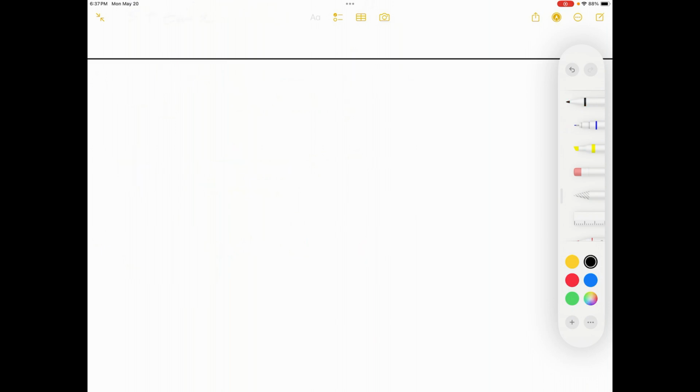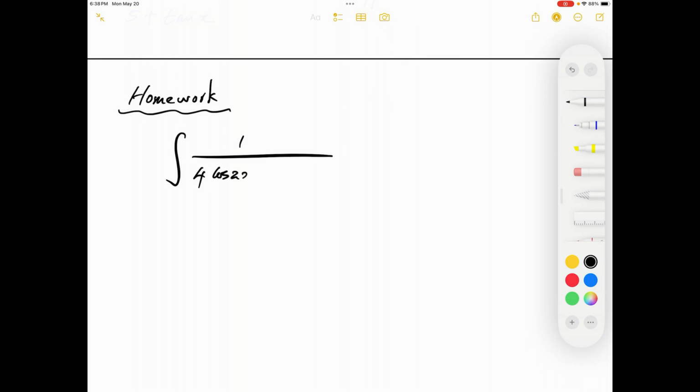Alright, now if you would like to practice this method and evaluate an integral, I would like to give you a homework question. The homework question that I gave you last time, for you to obtain the answer using the substitution u equals tangent x, was: integrate 1 over 4 cosine 2x plus 3 sine 2x plus 5 dx.